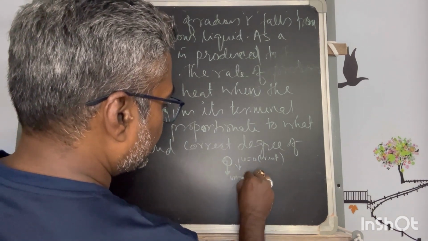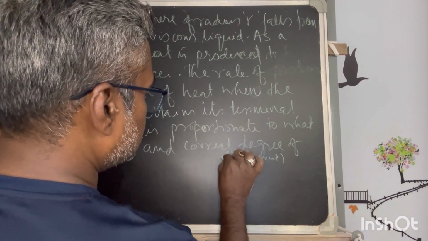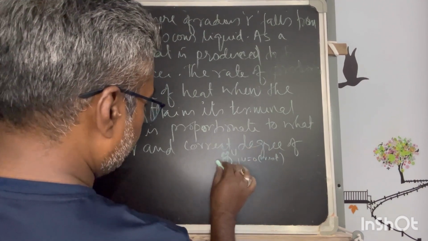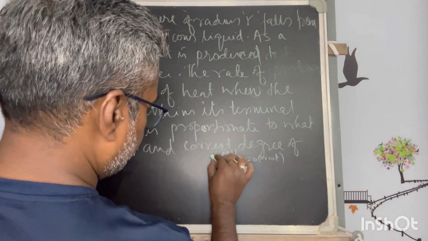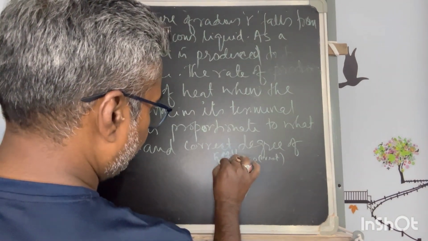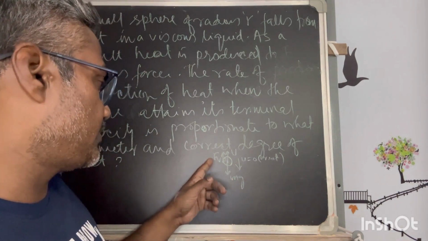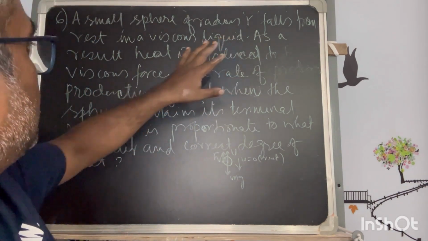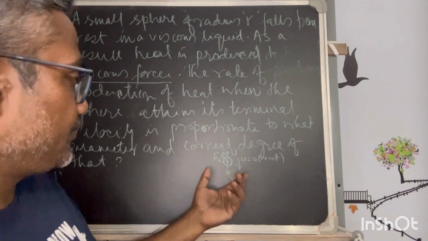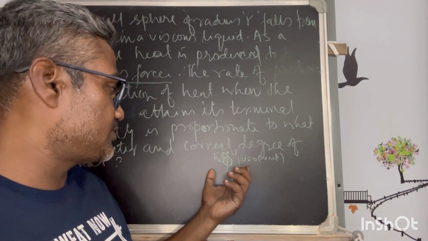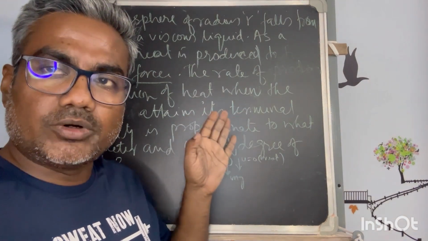There is a weight, it is automatically acting, there is upthrust, and there is a force that acts across the surface of the ball, that is the viscous force. And whatever heat is produced, that is produced by this force. But by way of the concept of this viscous force, the viscous force always acts tangentially with the body.